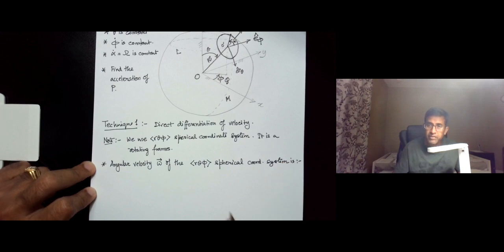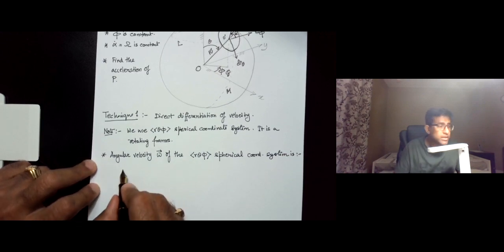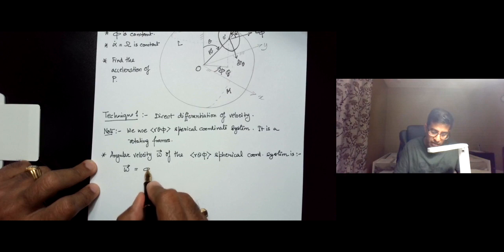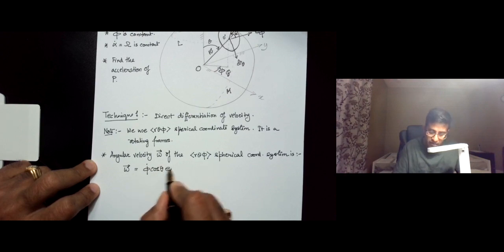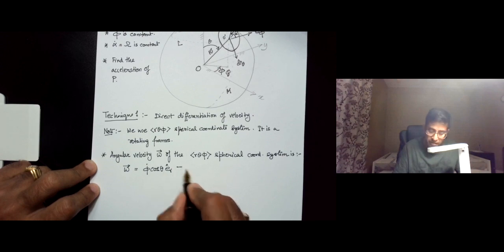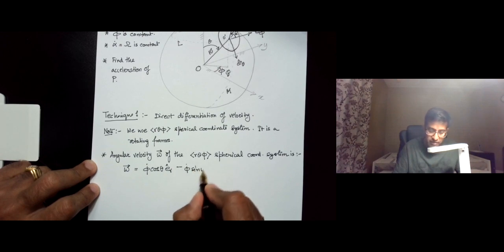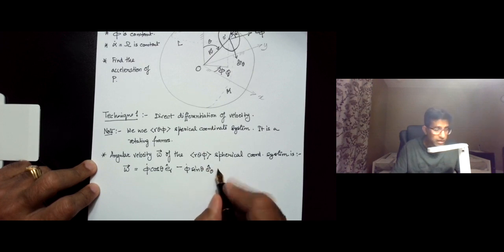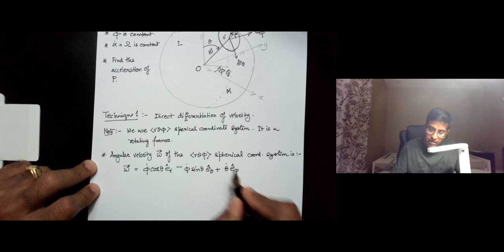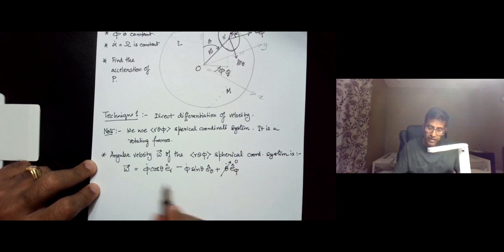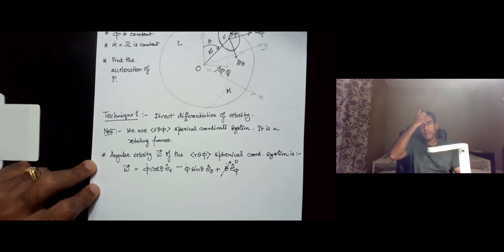That angular velocity expression is omega equals phi dot cosine theta er minus phi dot sine theta e theta plus theta dot e phi, but since theta dot is 0, we just have the first two terms.